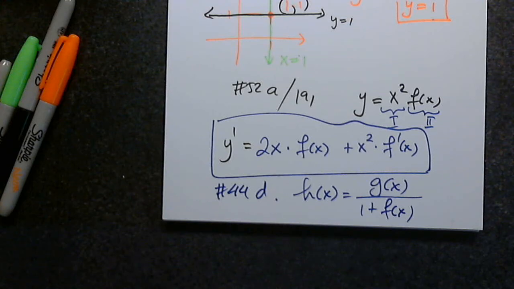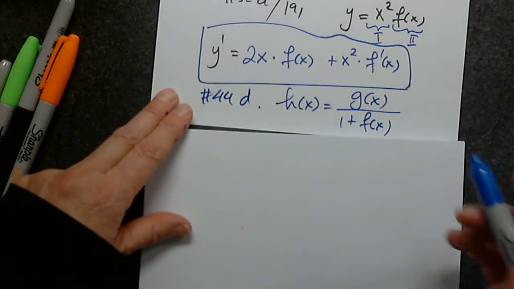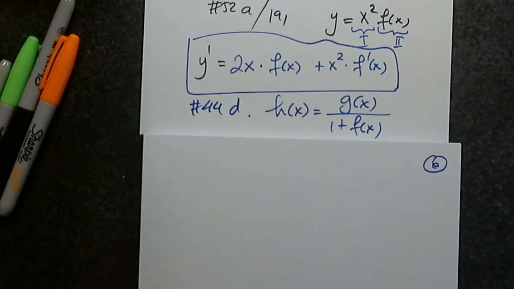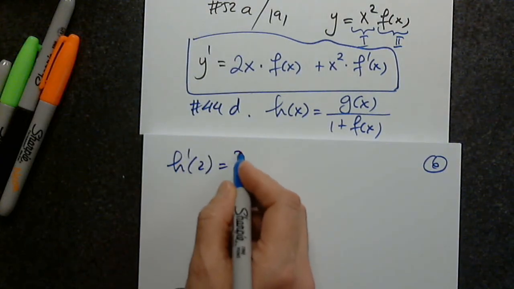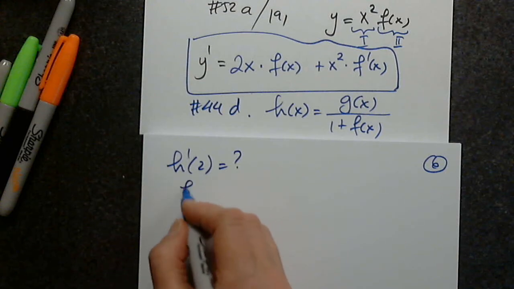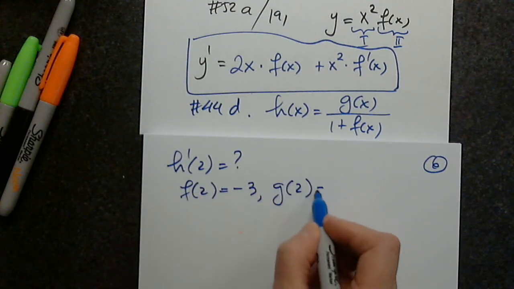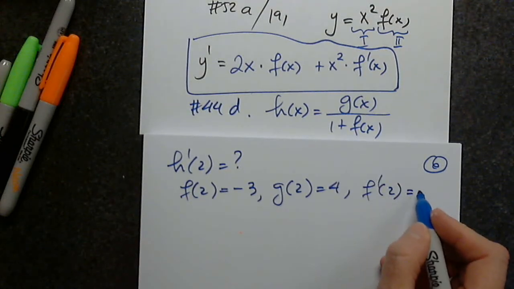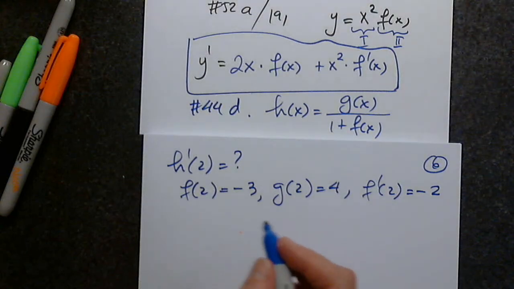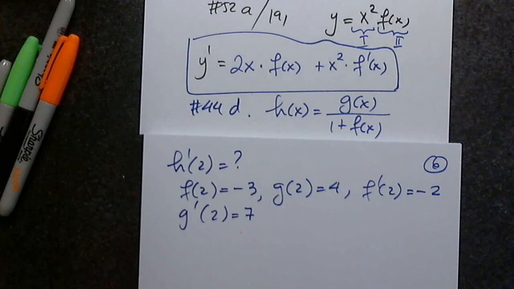And we're given a lot of extra information because the question is asking us to determine h prime of 2. But they're giving us f of 2, which is -3, g of 2, which is 4, f prime of 2, which is -2, and also g prime of 2 equals 7.